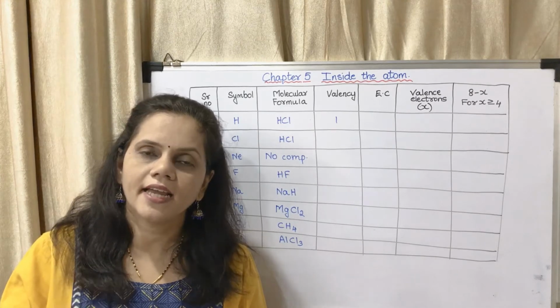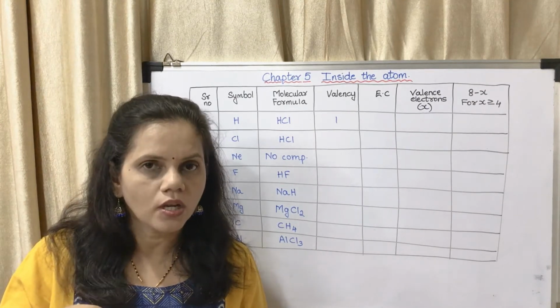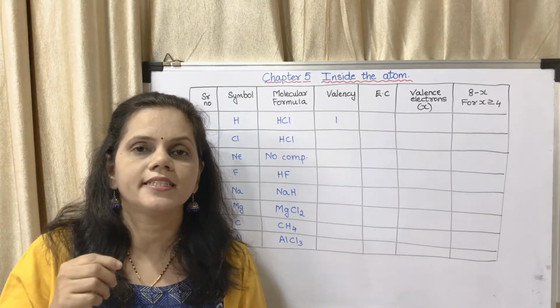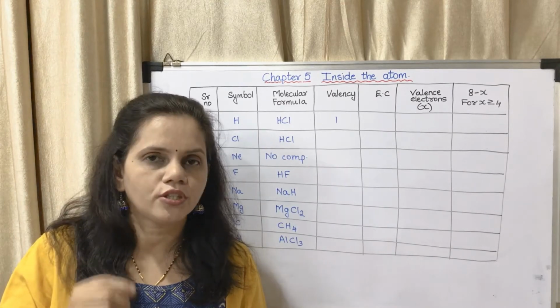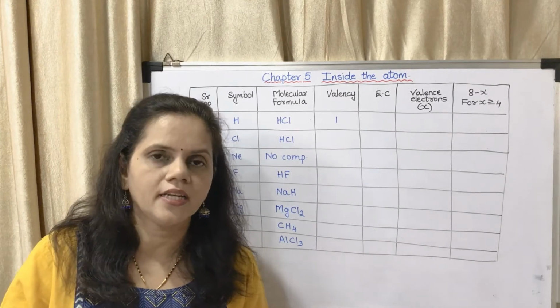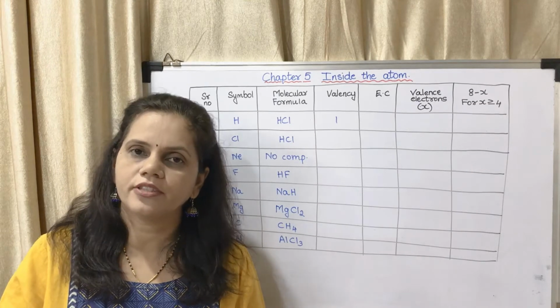If it has 8 electrons, it does not react. Now this rule is only for elements starting from atomic number 3. For the first 2, in case of hydrogen, the valency is 1. In case of helium, the valency is 0. This you have to remember.